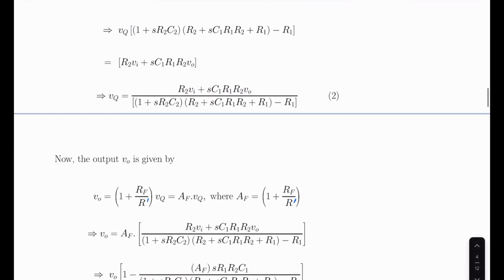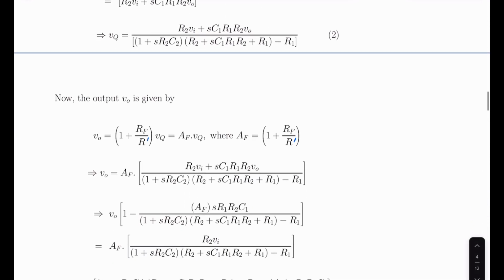Now the output V0 is given by V0 is 1 plus Rf upon R dash into Vq.